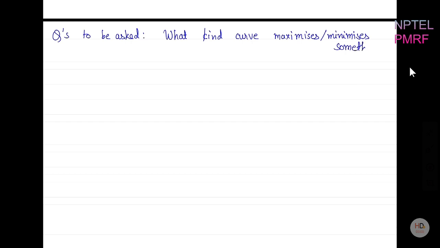So the next question to be asked in this framework is what kind of curve maximizes or minimizes something. And this is similar to the questions that we know how to solve: what point minimizes a function?